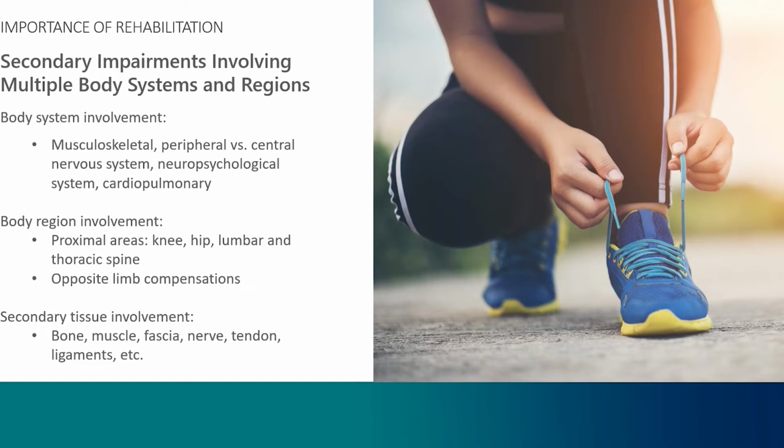We talk about musculoskeletal, so our muscles, our bones, etc. The peripheral and central nervous systems are something really big we see at our clinic. We have a lot of patients with ongoing chronic nerve symptoms that may be related to some of the foot deformities they've had for a long time. Then there's the neuropsychological system and understanding how psychology and mental health can influence a lot of these symptoms as well.